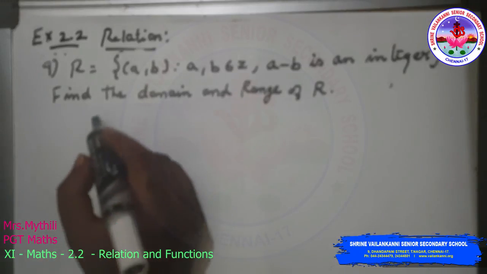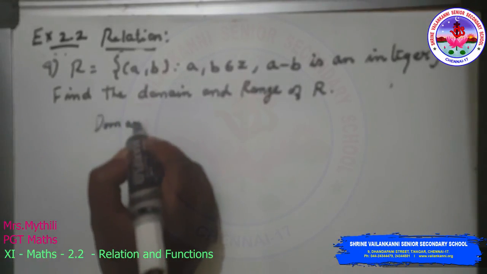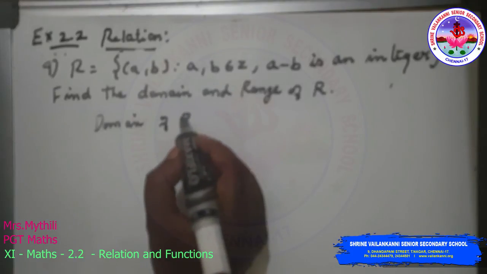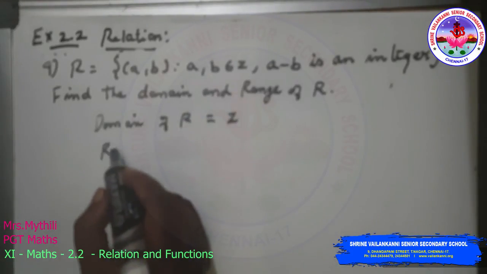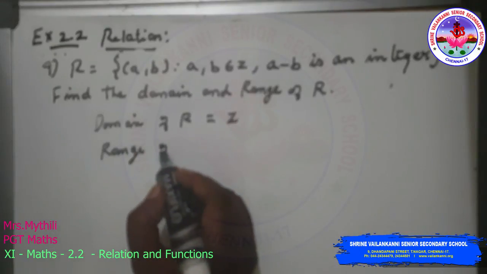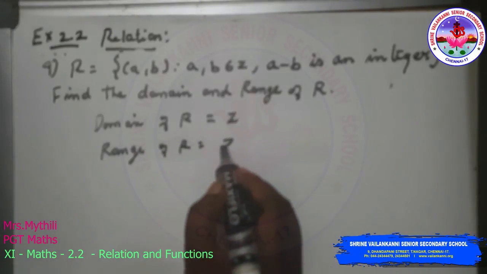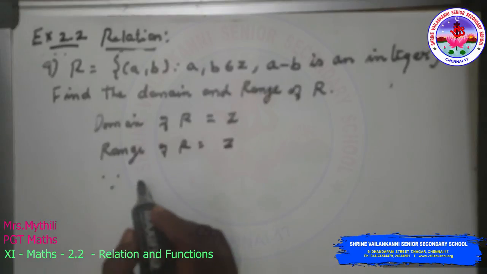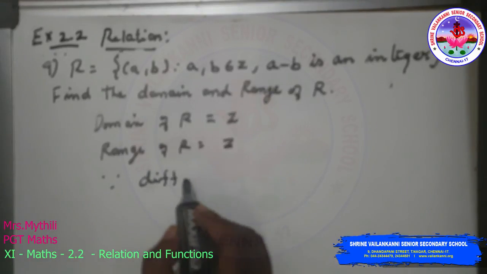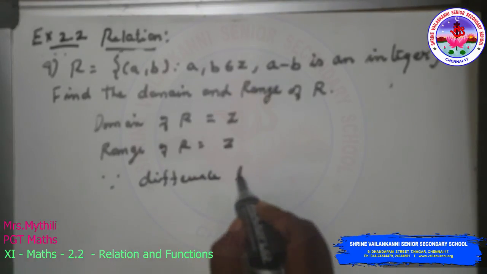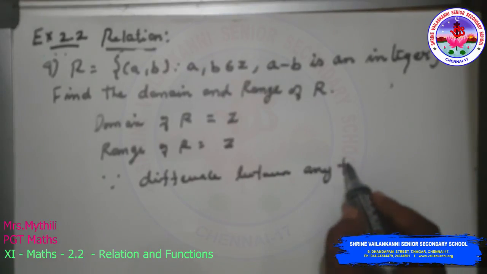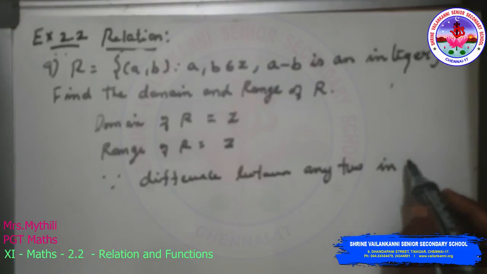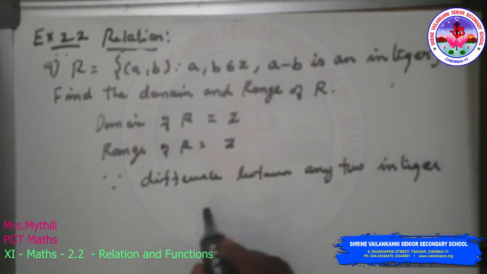Then the domain of R is integers and the range of R is integers, since the difference between any two integers is always an integer.